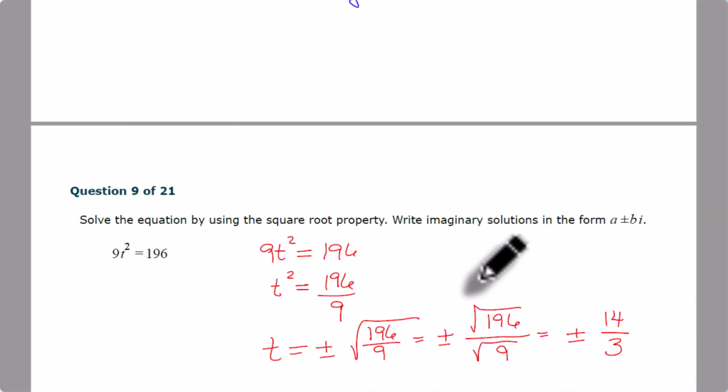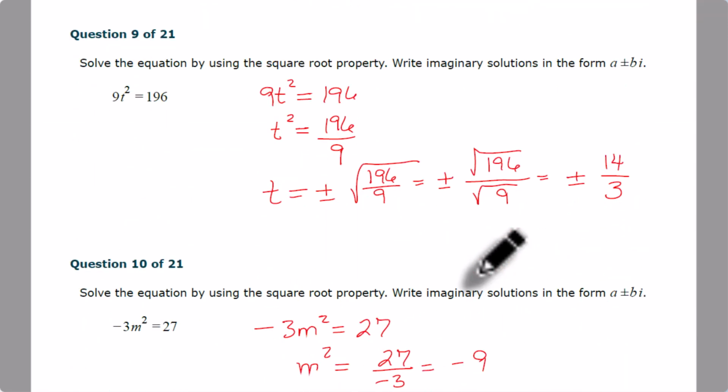So, in question 9 here, I've got 9t squared equals 196. Now, right now, the only thing squared is the t. I don't have the whole side squared.